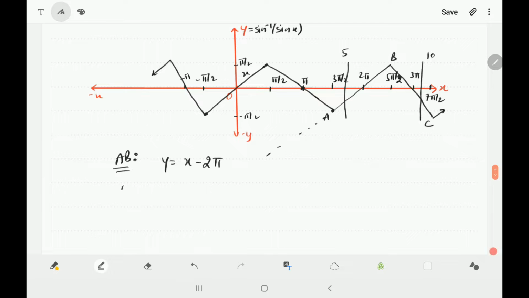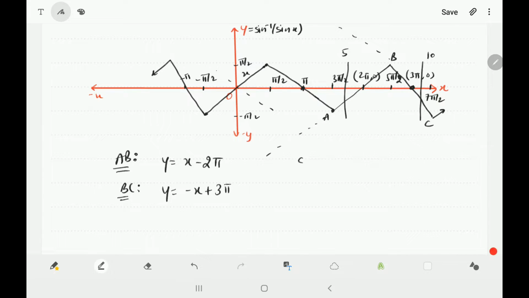For BC, this line is parallel to y equals minus x, and it will be above because it is going above. From y equals minus x, how much above will you go? You will go above by 3 pi units because it intersects the x-axis at 3 pi. You can cross-check by putting in the values: line AB passes through (2 pi, 0), which satisfies the first equation, and BC passes through (3 pi, 0), which satisfies the second equation.